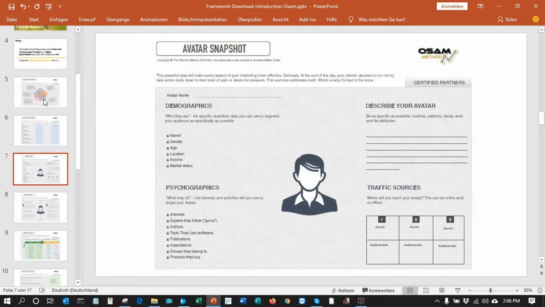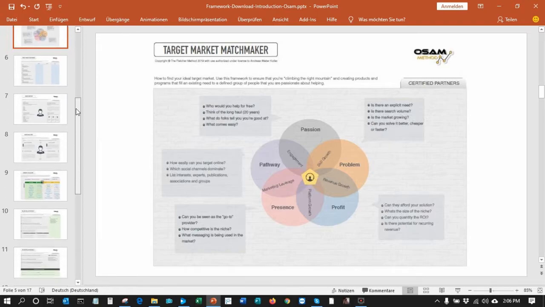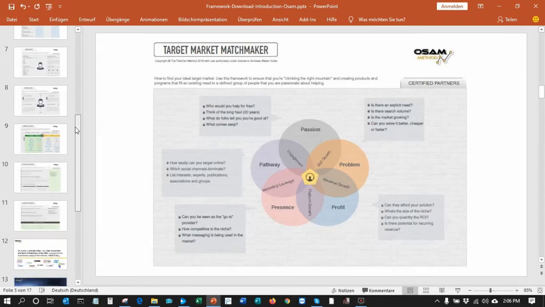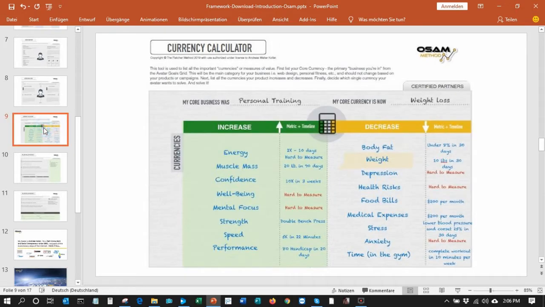And even before that, we identified the market that we would like to move in, and then we got to the detail of our messaging for our first campaign, so to say. And today we look at the so-called currency calculator.